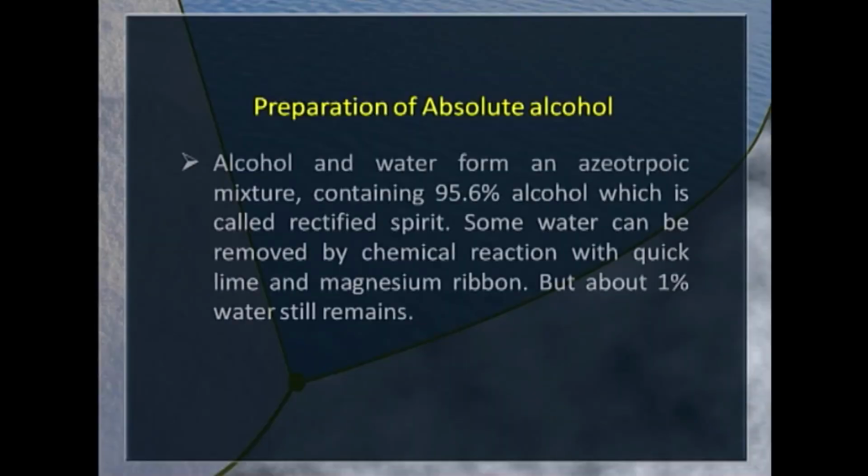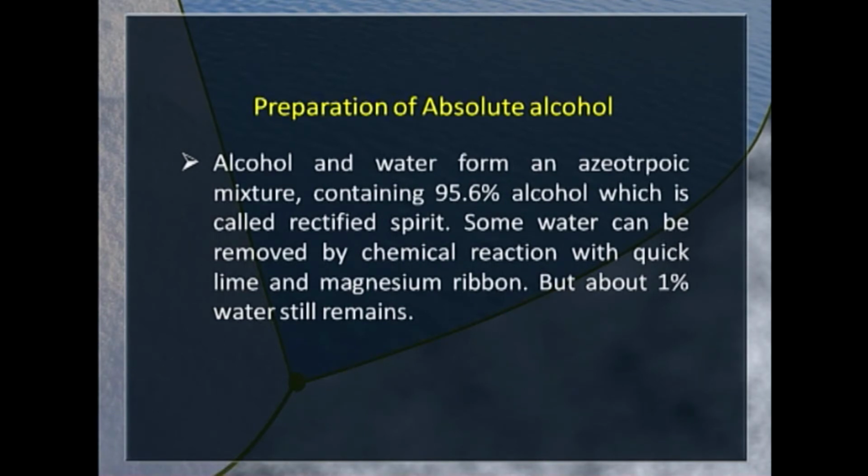But we have heard of absolute alcohol. In the labs you might have seen there are two bottles, on one which is written alcohol and on the other absolute alcohol. What is the difference? Difference is here. Alcohol and water form an azeotropic mixture containing 95.6% alcohol, which we generally call rectified spirit.